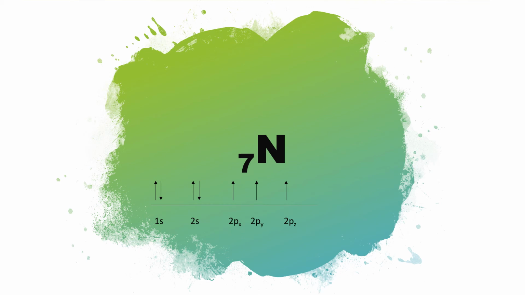Unpaired electrons have a parallel spin according to Hund's rule. So in the P sublevel in the second energy level, we have Px, Py, and Pz. If you can see, there is only one parallel spin or arrow up showing the electrons in that sub-level.